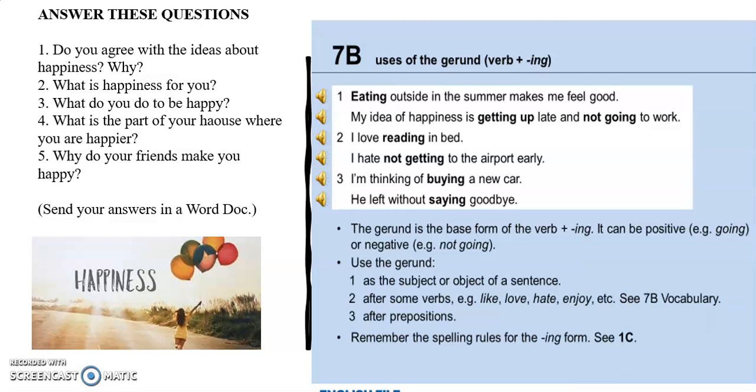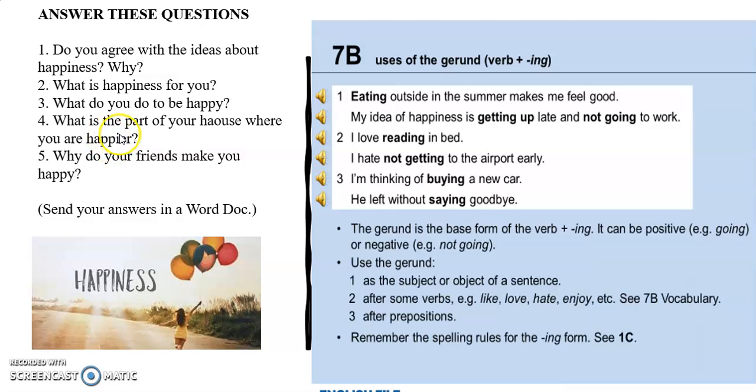So once you finish reading, you will find some questions such as number 1, do you agree with the ideas about happiness, about the text? Why do you agree with the ideas? What is happiness for you? What do you do to be happy? What activities do you do at home, for example, with your friends to be happy? What is the part of your house where you are happy?